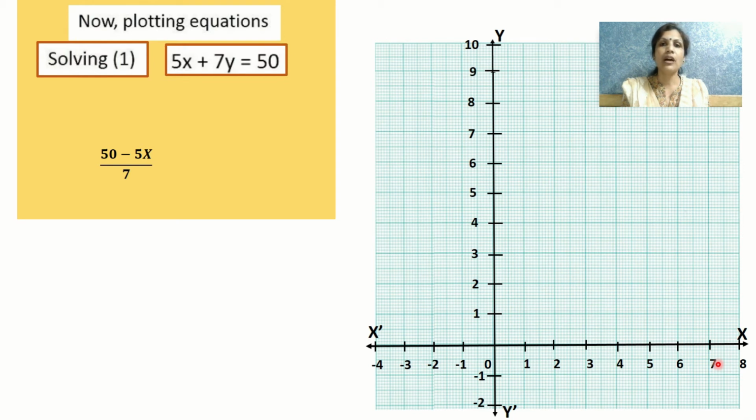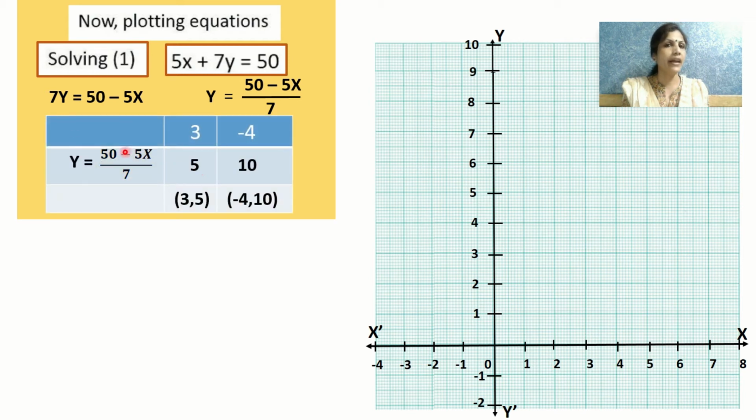I said we'll try keeping y towards the left side and shift all the terms towards the right. So our equation will be 7y is equal to 50 minus 5x, and therefore y is equal to 50 minus 5x upon 7. Let's try drawing the table and find the coordinates.